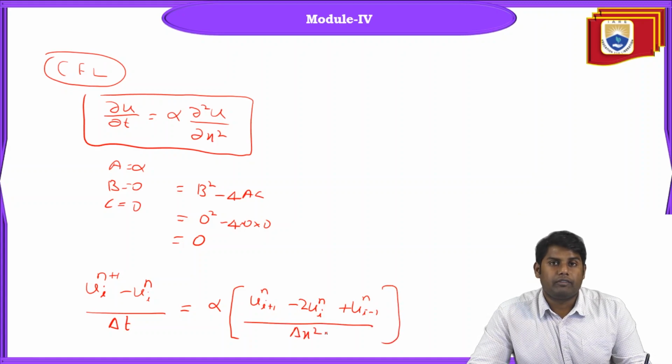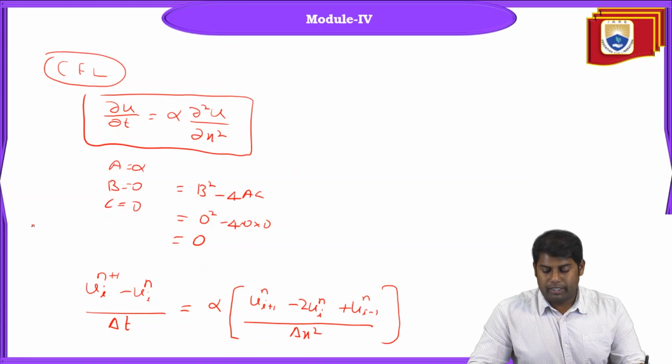So this is what we have. For this problem, let us see what the condition of CFL is, and how we get the importance of delta t and delta x.